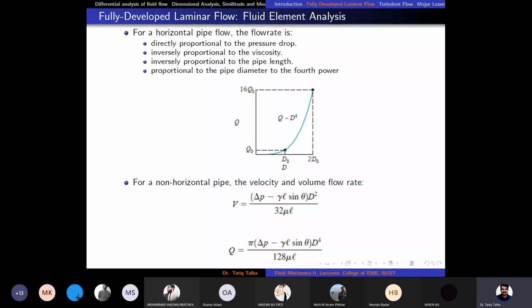That is the additional term if the pipe is inclined. If it is in the downward direction, then it would be plus gamma L sine theta. If the pipe is inclined upward, then it would be minus gamma L sine theta. You can give it a try in your own time to derive this relation.